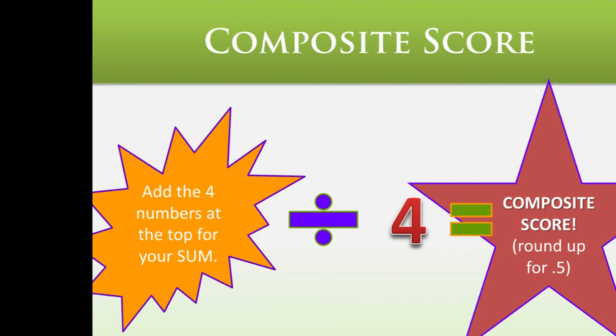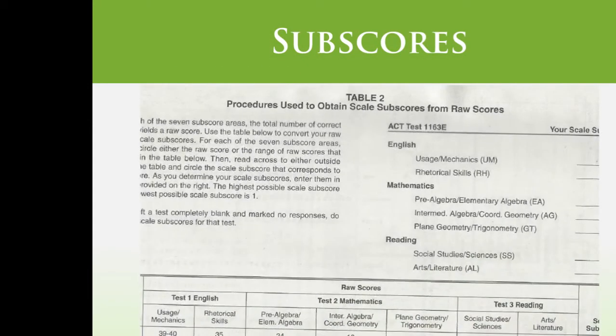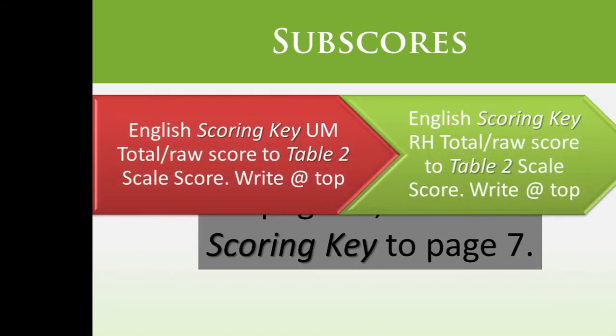Now, take it a step further to see what else you can do as you're prepping for your future ACT. You want to look at your sub-scores as well. This is done using table 2 from your test booklet. You're going to look at your English scoring key, look at the number that you had next to usage and mechanics, UM.